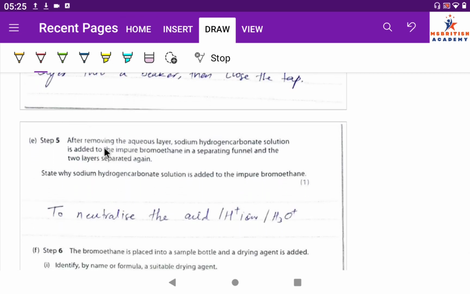Now the fifth step, after removing the aqueous layer, sodium hydrogen carbonate solution is added to the impure bromoethane in a separating funnel and the two layers separate again. State why sodium hydrogen carbonate solution is added to the impure bromoethane. So the reason is to neutralize the acid or H plus ions or H3O plus ions.